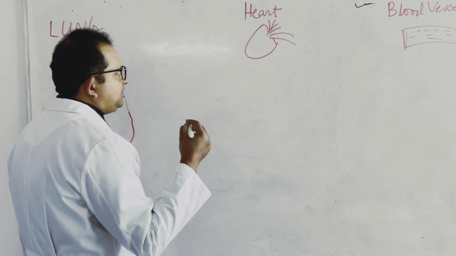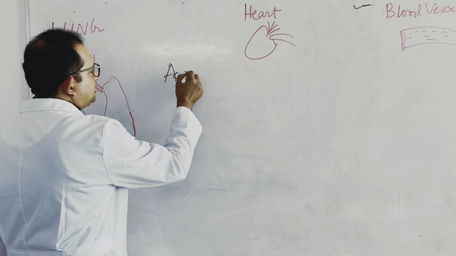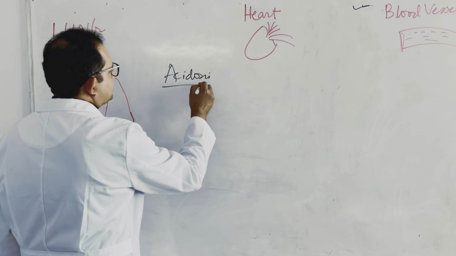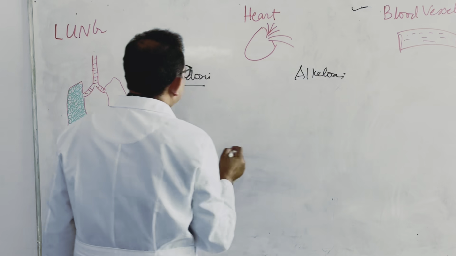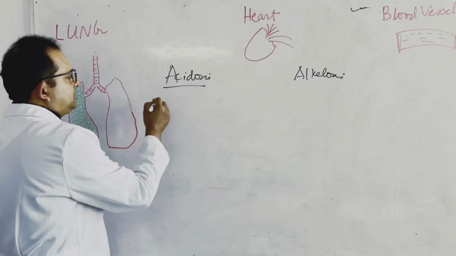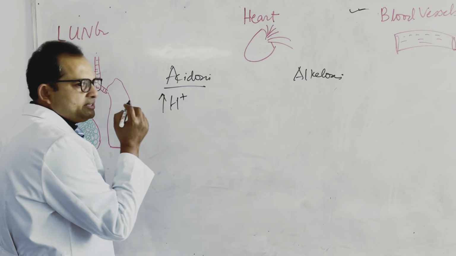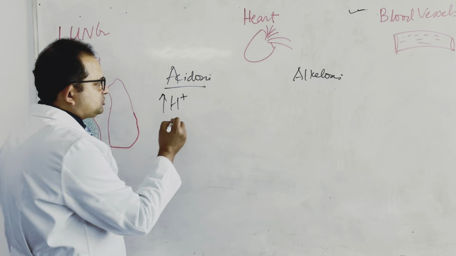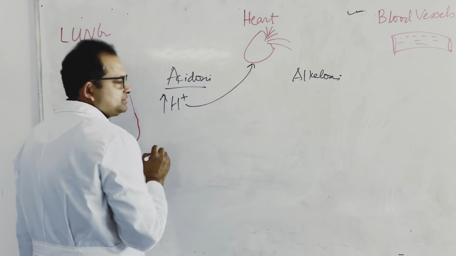Okay. Now this is clear, let's discuss the complications related to the heart. What will happen in the cardiac complications? There are two conditions we have already discussed, acidosis and alkalosis. What happens in acidosis? There will be an increase of H plus ions, and that acidosis will affect the cardiac muscles.